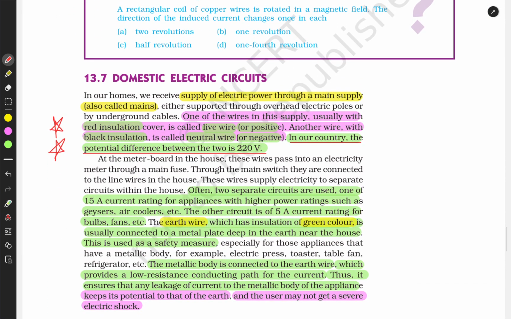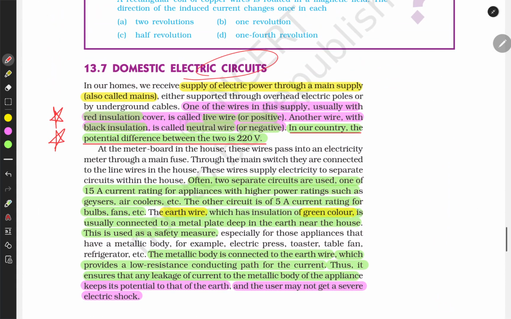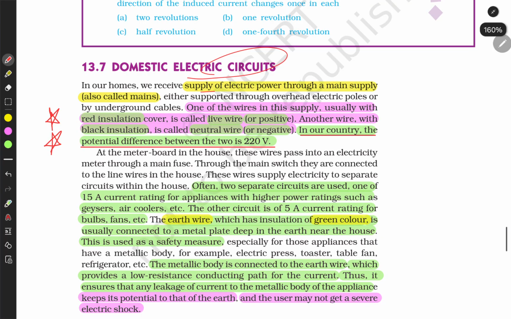Let's talk about the domestic electric circuit. We receive supply of electric power through a main supply, which is called mains, and one wire in this supply, usually with red insulation cover, is called the live wire. Rubber is a material which insulates, isolating the current, and these are non-conductors.